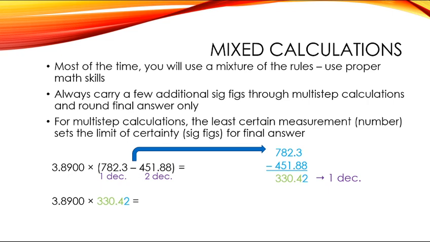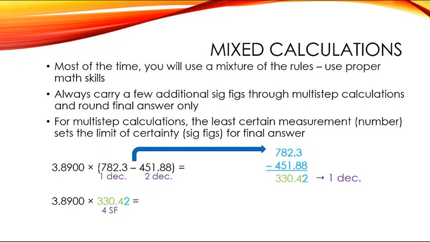So here we have our 3.8900 times 330.42. The reason why we stopped and rounded everything is because the rules for subtraction are different than the rules of multiplication. Now we have to switch up our rules and look at significant figures. Our 3.8900 and our 330.42 are now abiding by different rules, because for our 330.42, only those 4 values are significant, only the 330.4 is significant.